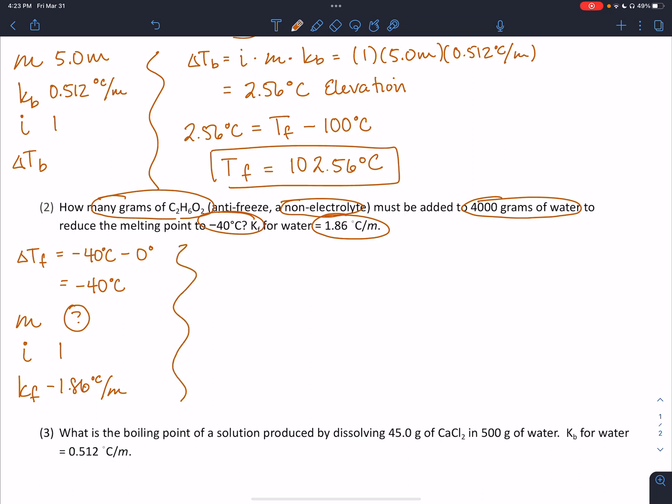If I'm trying to find the grams needed to be added to this 4,000 grams of water, I need the molality, because if I can calculate the molality, then I can use that to find the moles of my solute, and then from there go to grams. So I'm going to start by using my temperature change formula, except this time for freezing. So i times m times Kf.